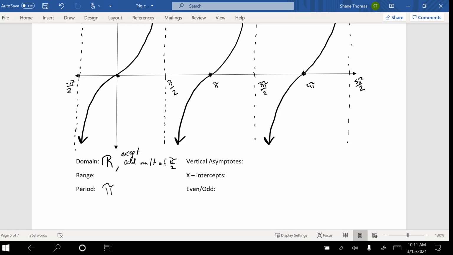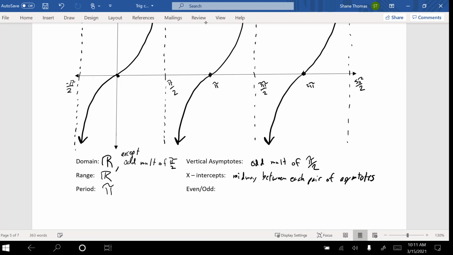Your range here, well, it goes from negative infinity to positive infinity, so what's your range? All real, or negative infinity to positive infinity, either one. Now, we are going to have vertical asymptotes at the odd multiples of pi over 2. We're going to have an x-intercept midway between each pair of asymptotes.